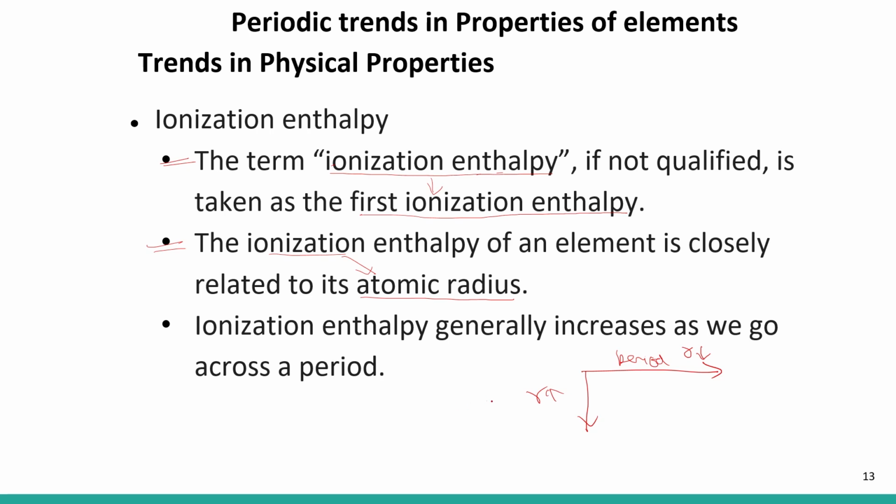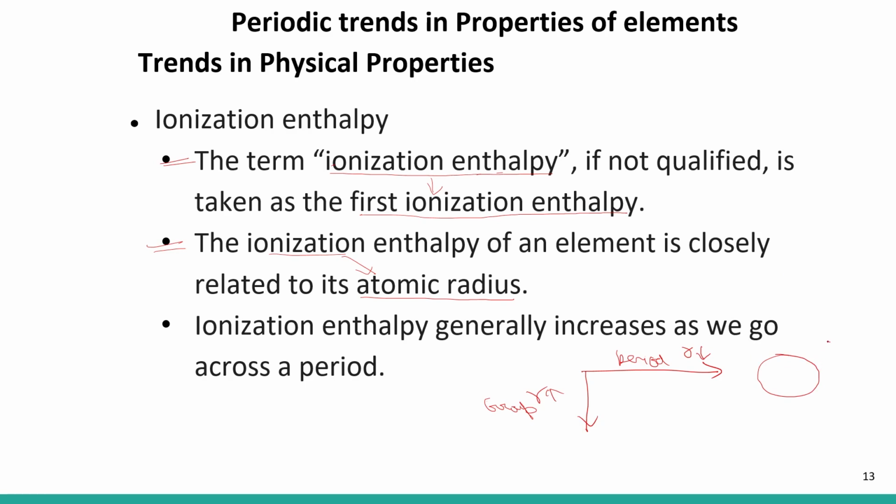So how will it affect the ionization enthalpy? It is simple. As the radii is getting decreased, during ionization we are removing the outermost electron.